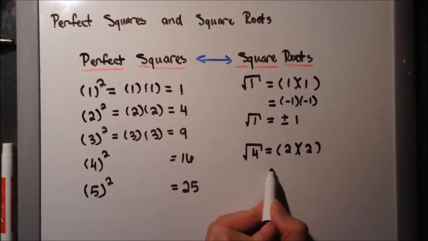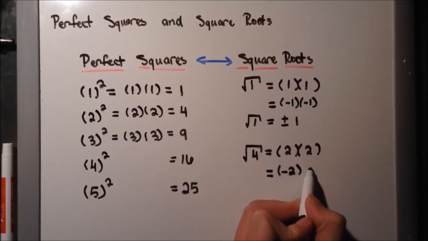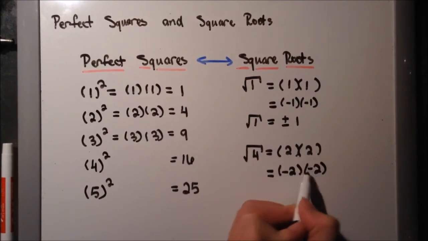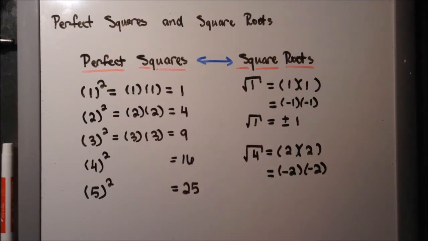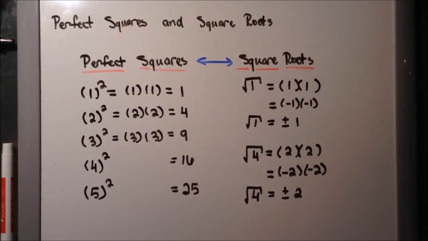But what happens if we use negative 2 times negative 2? Well, these two will also equal positive 4. So therefore, the square root of 4 is positive and negative 2.